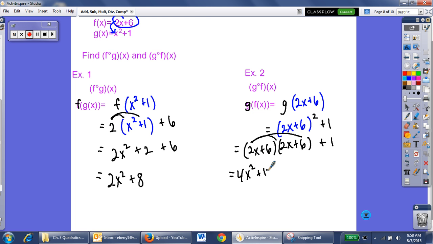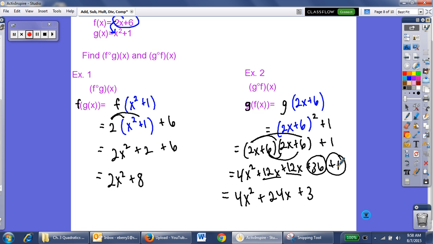Outer is 12x. Inner is also 12x. And last is 36. And we still have the plus 1 at the end. Simplify, so you have 4x squared plus 24x. I'm combining the outer and inner terms. And then plus 37, these parts here.